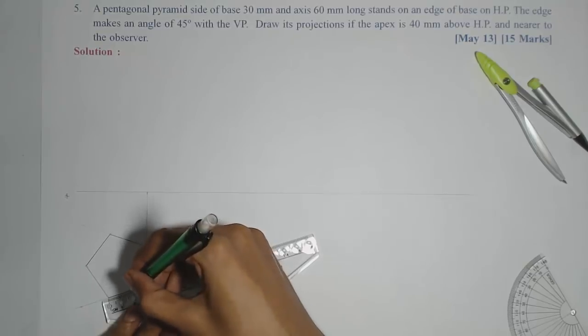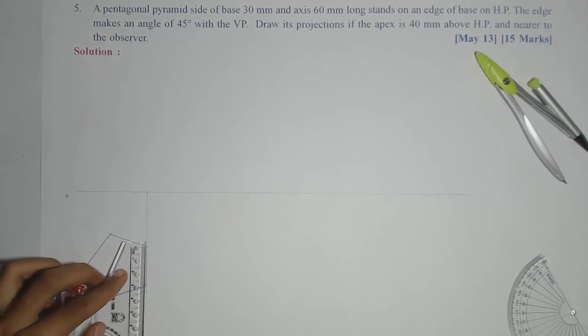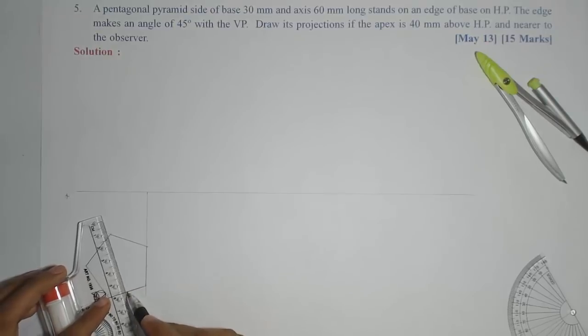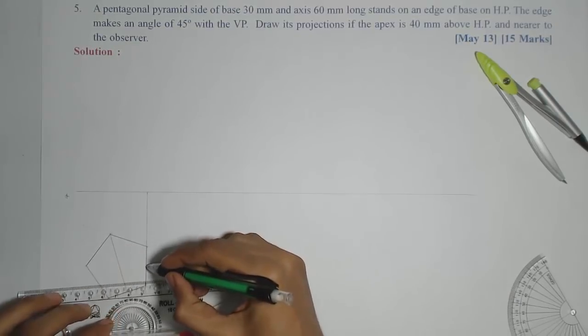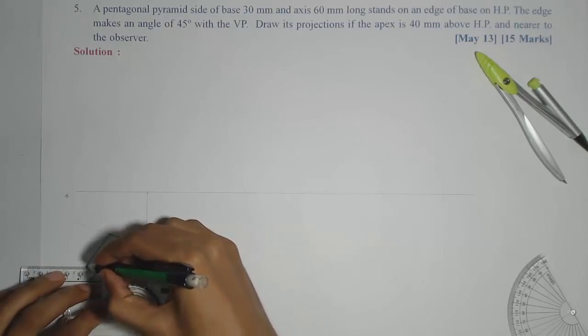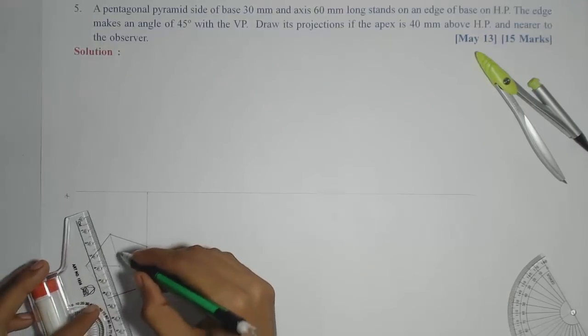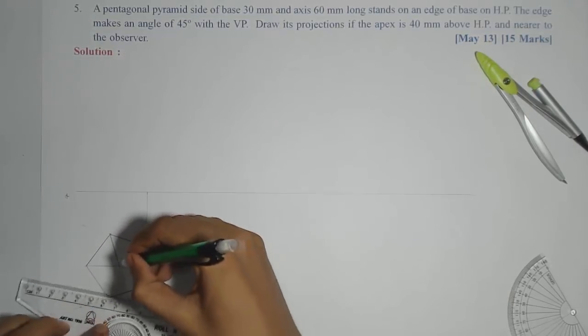So 30, so we'll mark the midpoint as 15 from any two sides to mark the center of the base. Okay, now this will give me the apex. So we need to make the slant edges dark, which are apparent in top view.